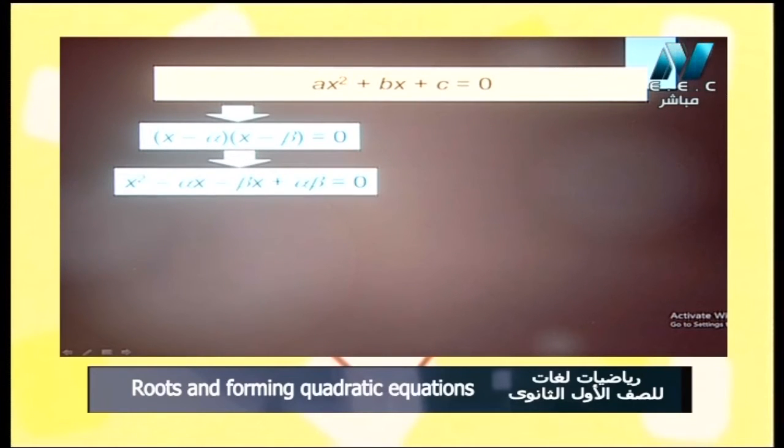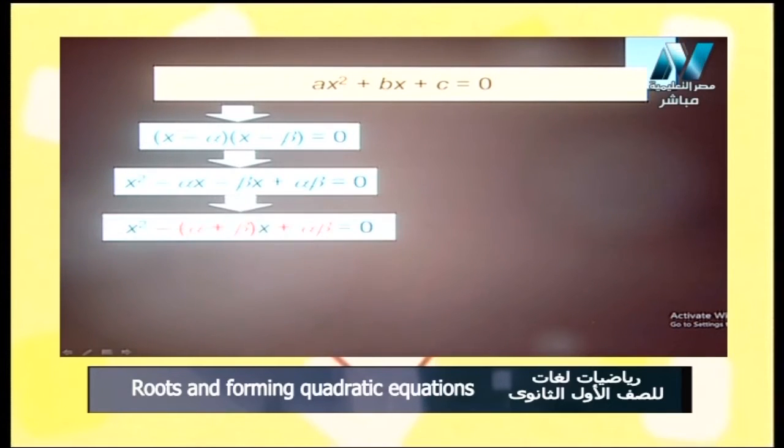By multiplying x by x minus beta, and negative alpha by x minus beta, we have x power 2 minus alpha x minus beta x plus alpha beta. And by adding, now we have x power 2 minus alpha plus beta, x, plus alpha beta equals 0.